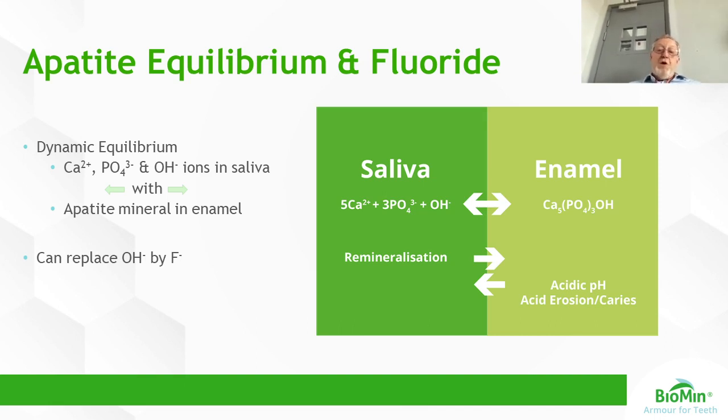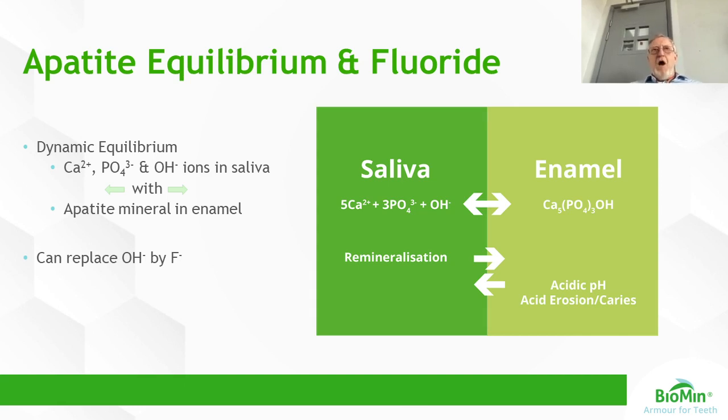Of course, when the pH goes acidic, the hydroxyl concentration decreases, and this equilibrium moves to the left, and the enamel hydroxyapatite dissolves. When we have fluoride present, it substitutes for the hydroxyl ion and drives this equilibrium over to the right in terms of apatite formation, and the fluoride ion is incorporated into the enamel.